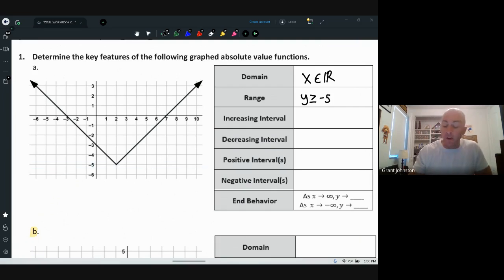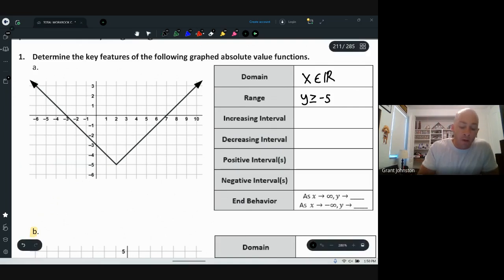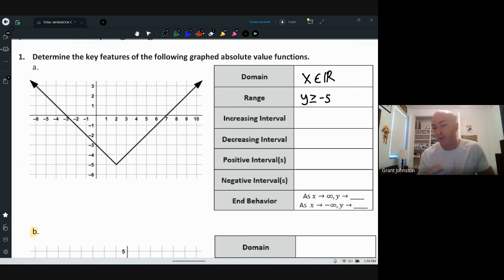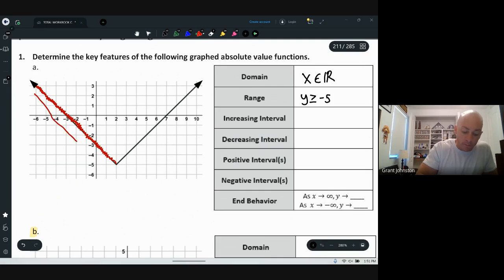Now the increasing interval. I'm going to do increasing interval and decreasing interval together. So I'm reading it left to right. We're always reading it left to right in terms of increasing and decreasing. So it starts off decreasing, and then it's increasing.